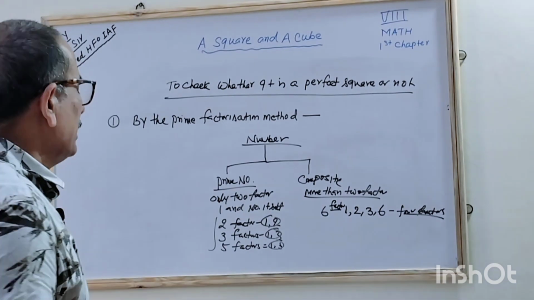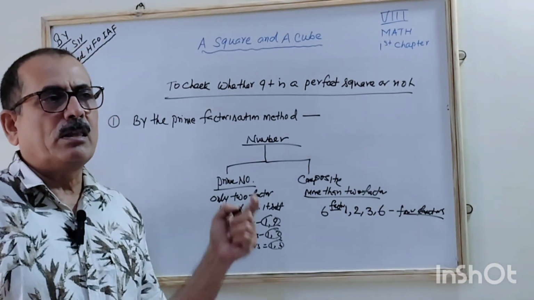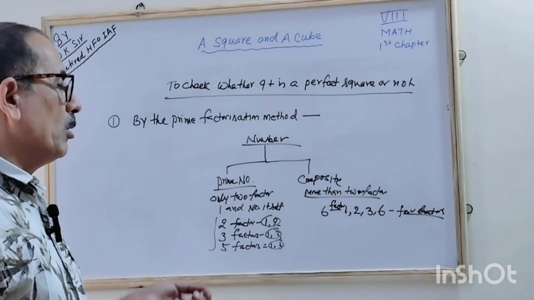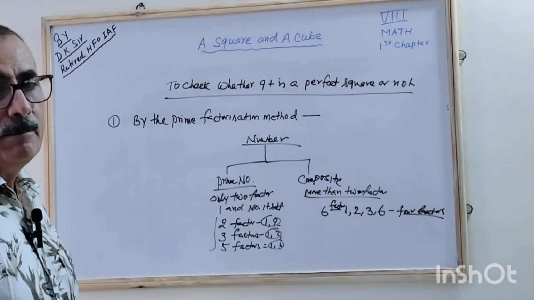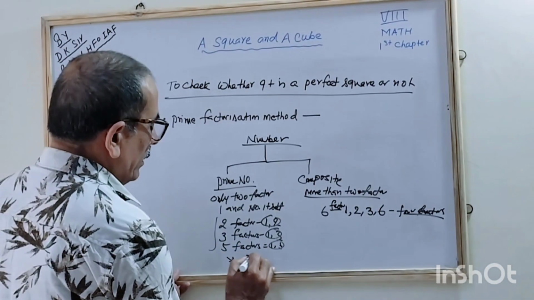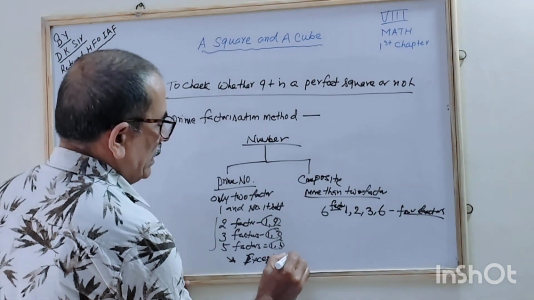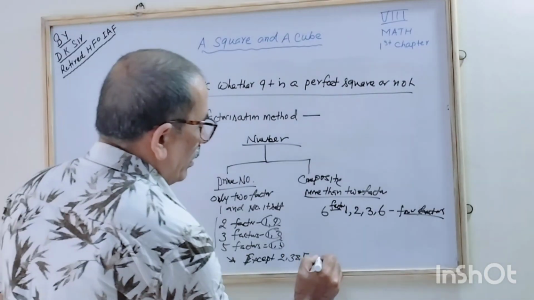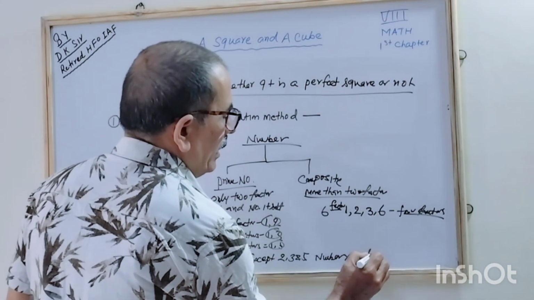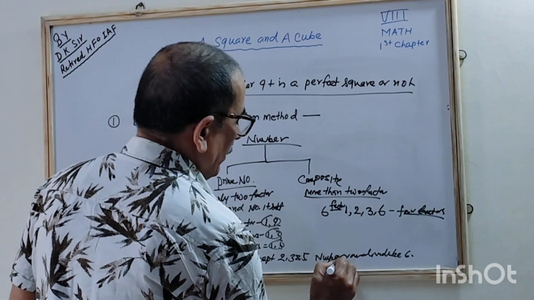There is one clue also in the short video I have given for prime factorization. When you go through it, you can easily find out. Suppose you get big numbers, then how to find out? One little hint I am giving. Except for 2, 3, and 5, divide the number by 6.